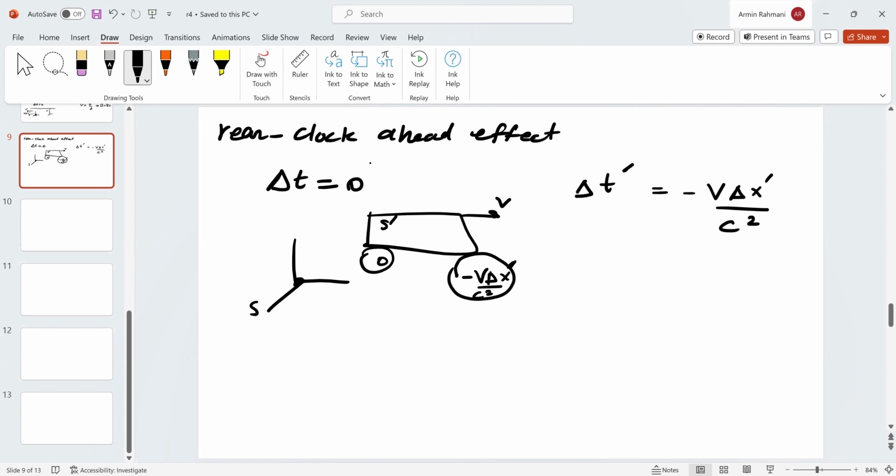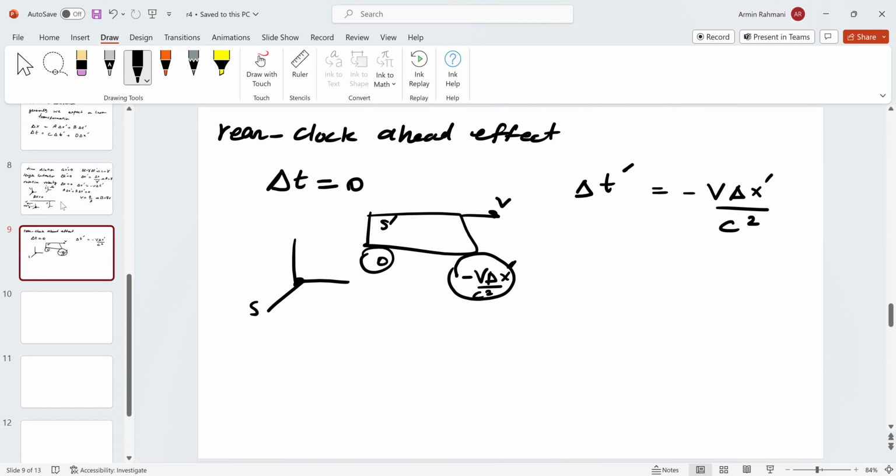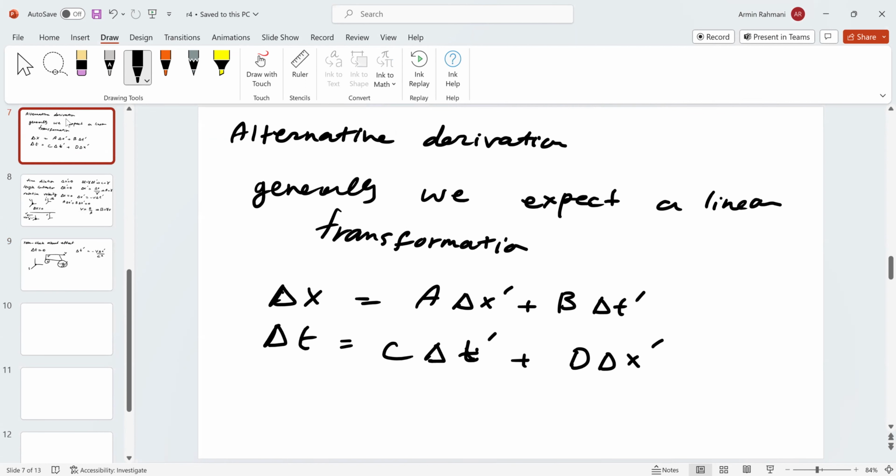So now I have a condition where delta T is 0, and I have a relationship between X prime and T prime. So going back here, that should give me the ratio of C and D essentially.